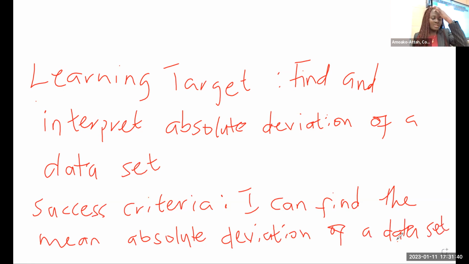All right. So knowing this, we now come to the main business. When we talk about absolute deviation, what does it mean? Let's quickly talk about it for a few minutes before we solve some examples under it. I have a simple definition.